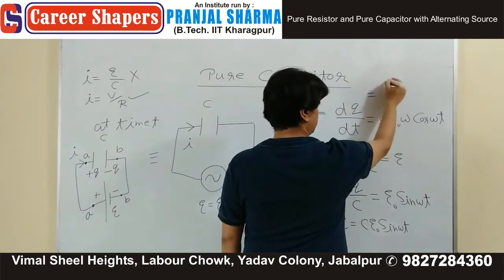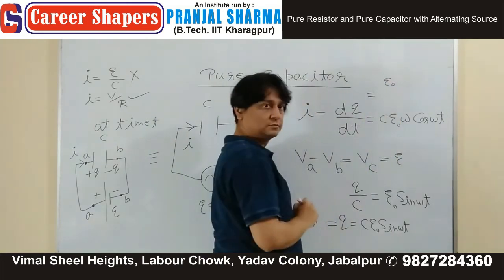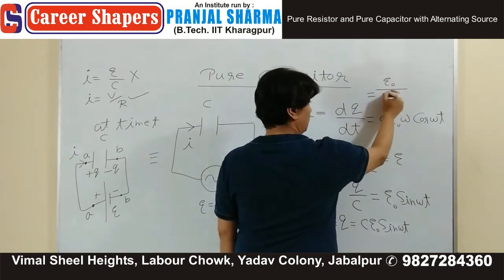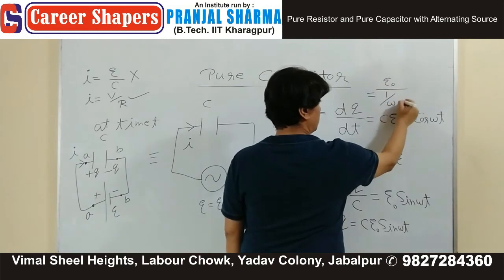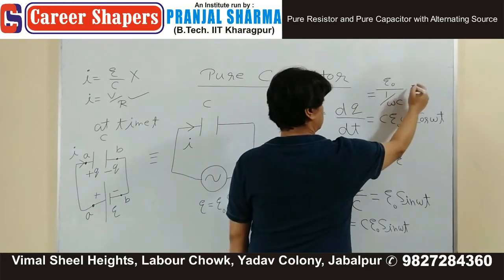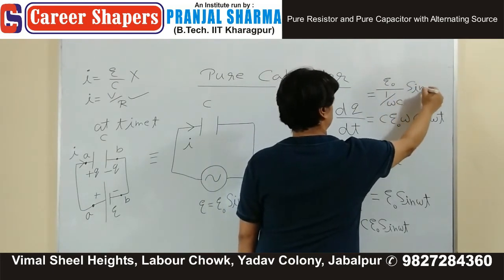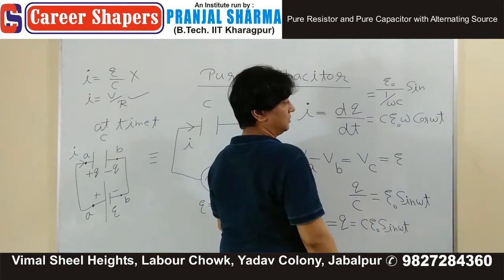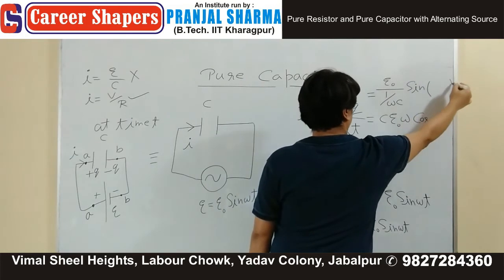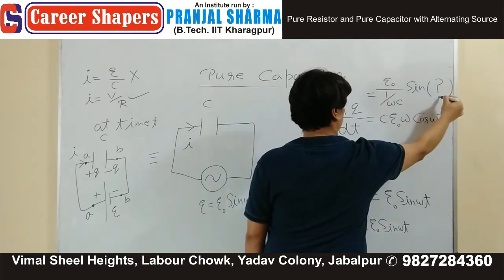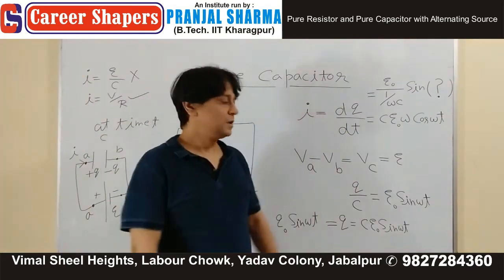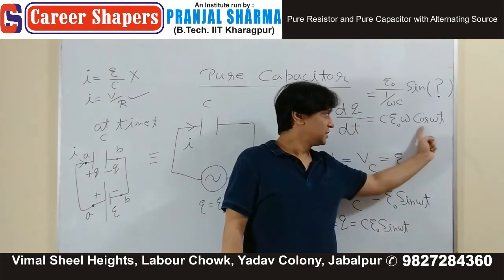This is E naught divided by 1 upon omega c sine of, this is cos theta.